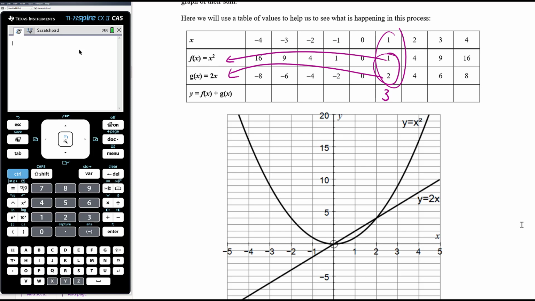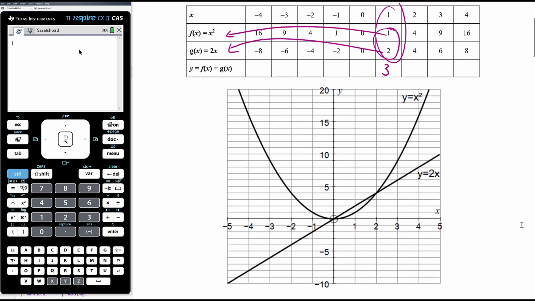Okay. So we want to be able to do that graphically though. So for example, you would pick an x value. We'll talk about that, there are some key points that are useful to look at. Pick any x value. So let's go with x equals 1 because we were just talking about that in the table. We can see that x squared is equal to 1 and 2x is equal to 2.